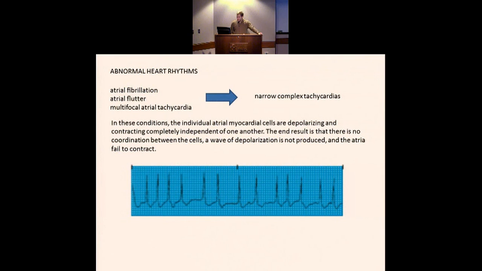Abnormal heart rhythms. I'm just going to hit the big ones. So AFib, a flutter, or any atrial tachycardia, they're all referred to as narrow complex tachycardias. The big thing with these is you don't have a P wave. So any fast rhythm disturbance where you can't make out a P wave is going to be an atrial tachycardia, or a narrow complex tachycardia, usually AFib.